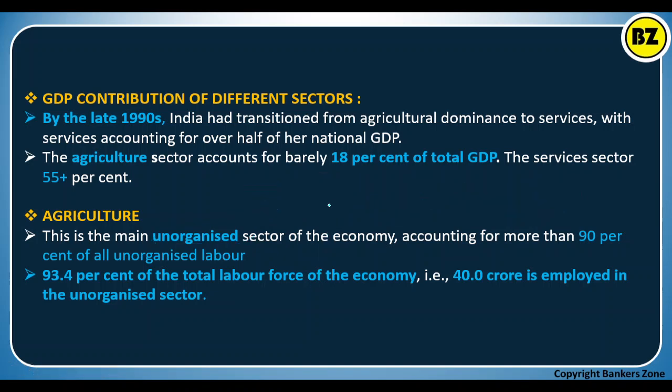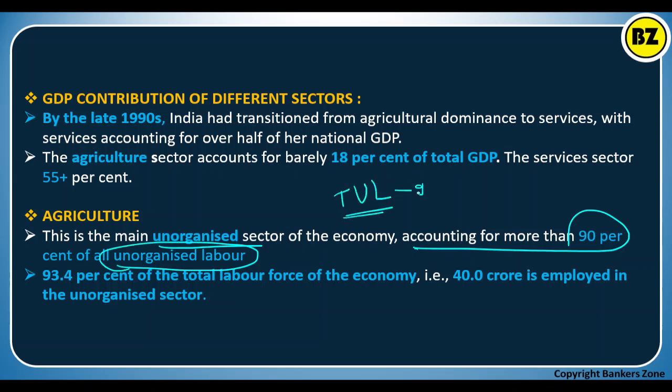So here we'll come to the point that the agriculture sector is the unorganized sector, and it accounts for more than 90% of the unorganized labor. So whatever the total unorganized labor we have in the country, out of that 90% is contributed only by agriculture. Okay, 93.4% of the total labor force of the economy, that is around 40.4 crore, is employed in the unorganized sector.